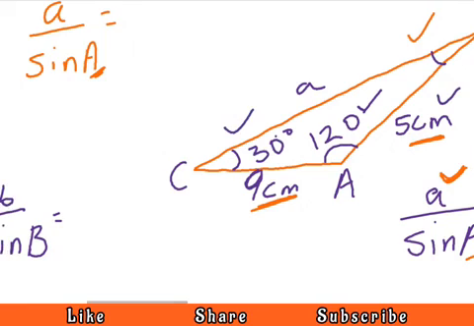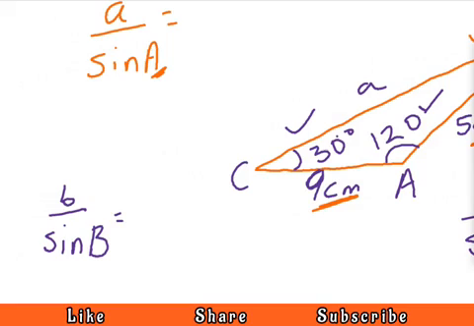So we simply go to our formula and we bring in C over sine C. And then we input the values and make sine B the subject of the formula.